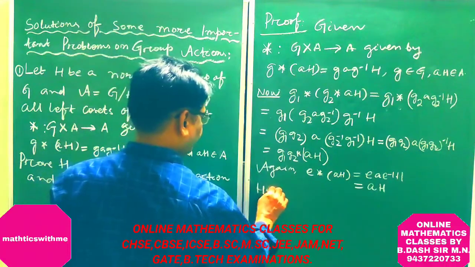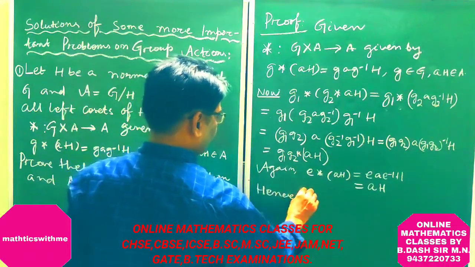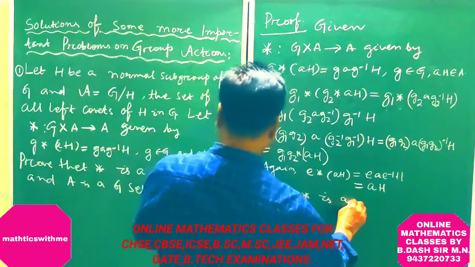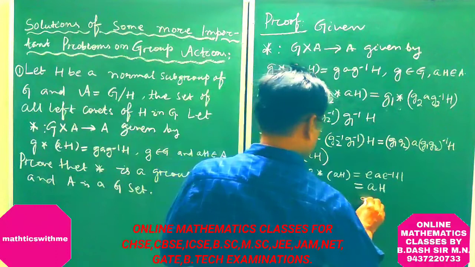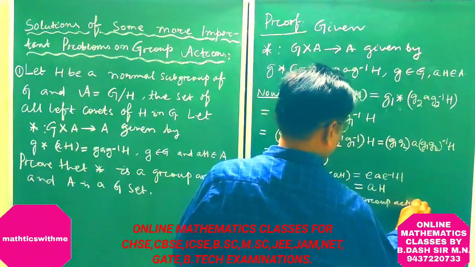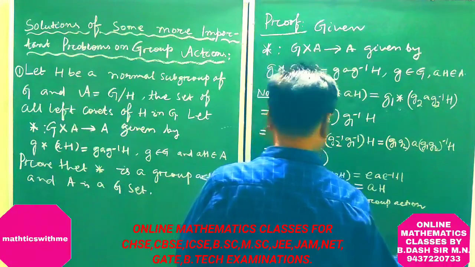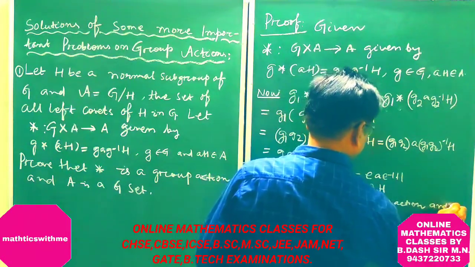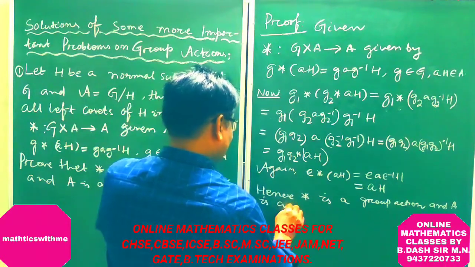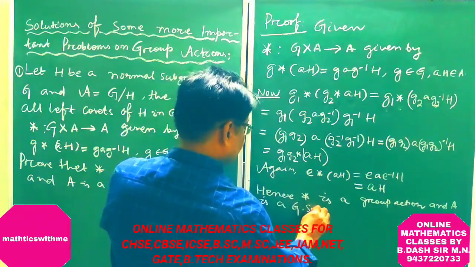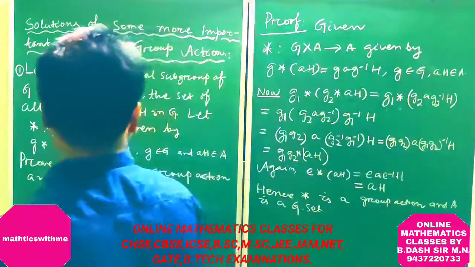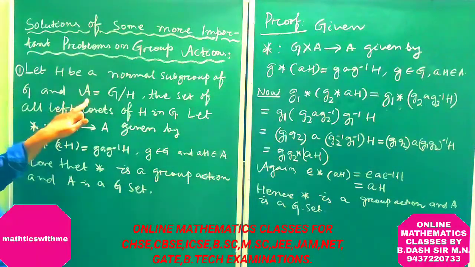Hence the mapping star is a group action and A is a G-set.